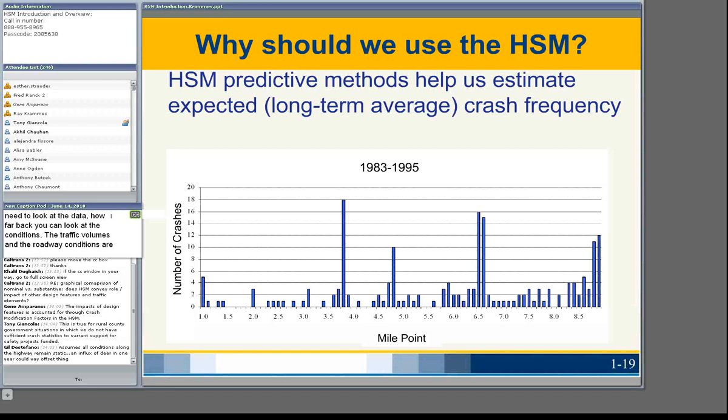Essentially, regression to the mean is the tendency for locations with higher than average crash counts in one period to have lower counts in the next; that is, for the number of crashes to regress to the mean.